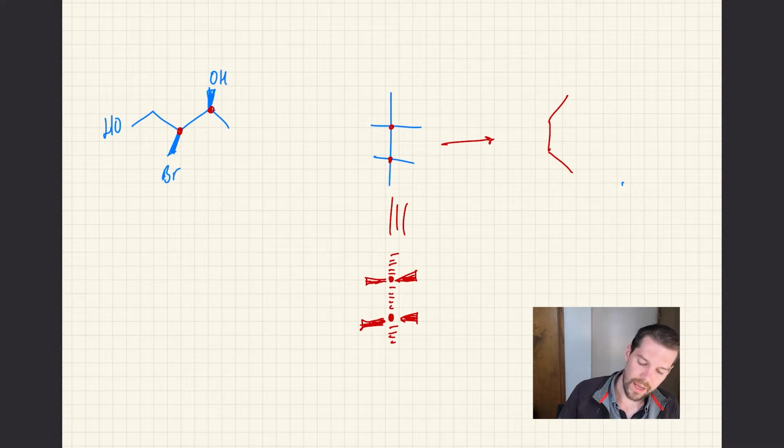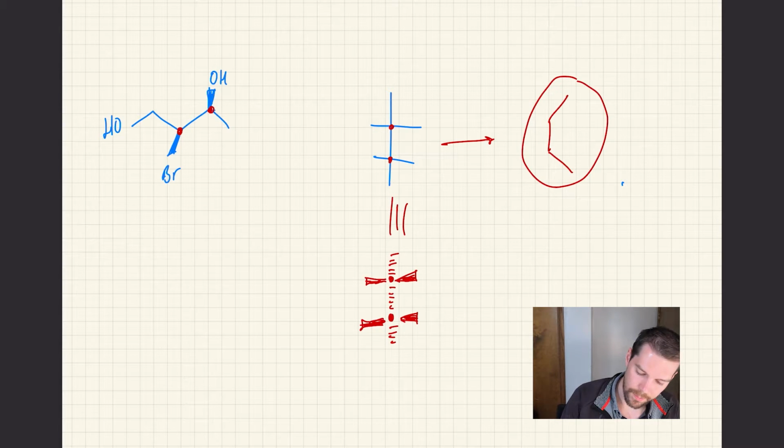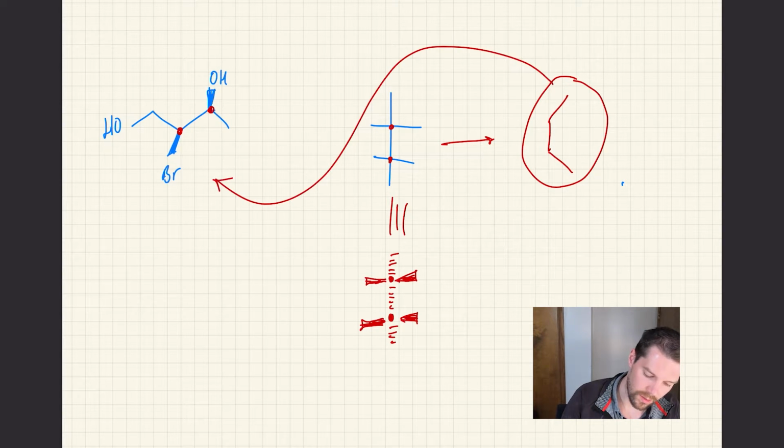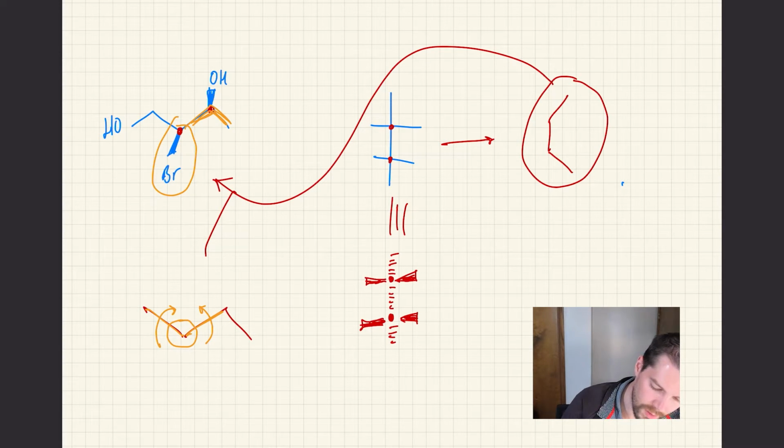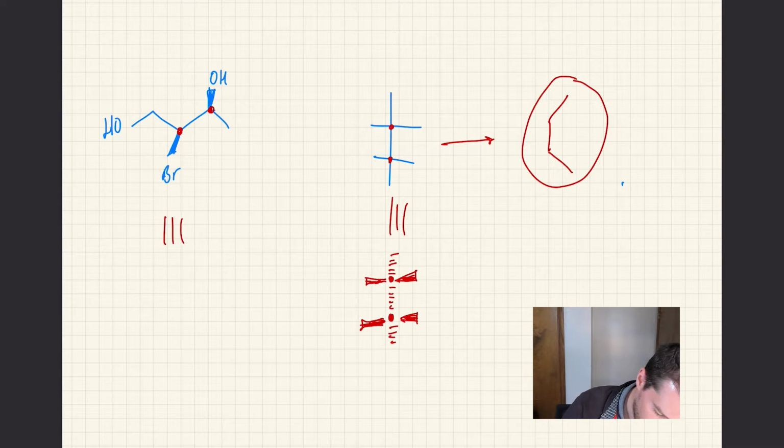And we can see here this shape is different than this shape, which is like this. So what I need to do is take this and flip it. I'm going to twist these bonds right here so that this bromine is now pointing upward, like this one's upward right here. See that? If I want to flip that over, then I will have this.